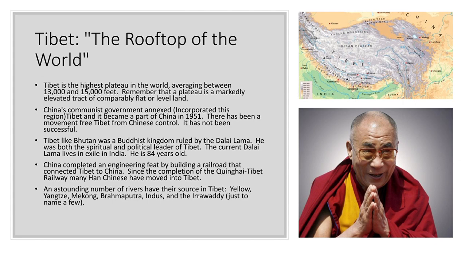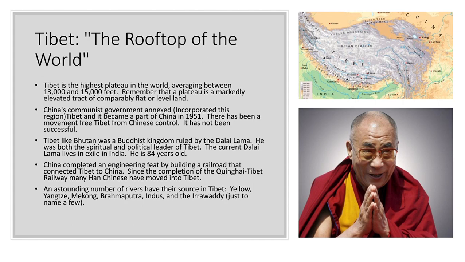But they did it anyway. It was a remarkable thing. They built a giant railroad that connected Tibet to China, the Qinghai Tibet Railway. And with that railway connection, many of the Han Chinese moved into Tibet.